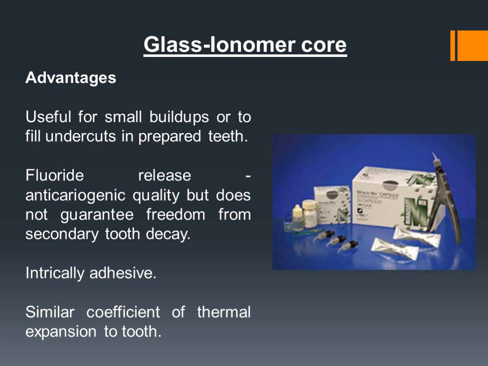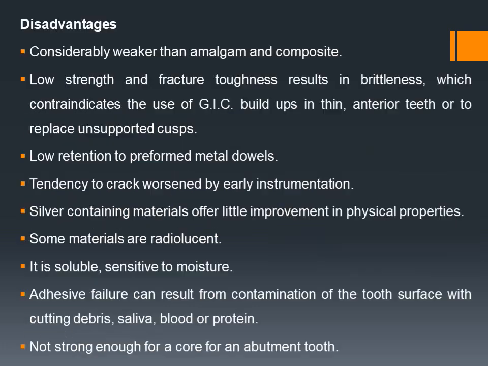You all know this, and it is also an adhesive material. Next, tapered sided posts with tapered apical ends. These provide greater retention, and they also conform better to the tapered apical portion of the canal.